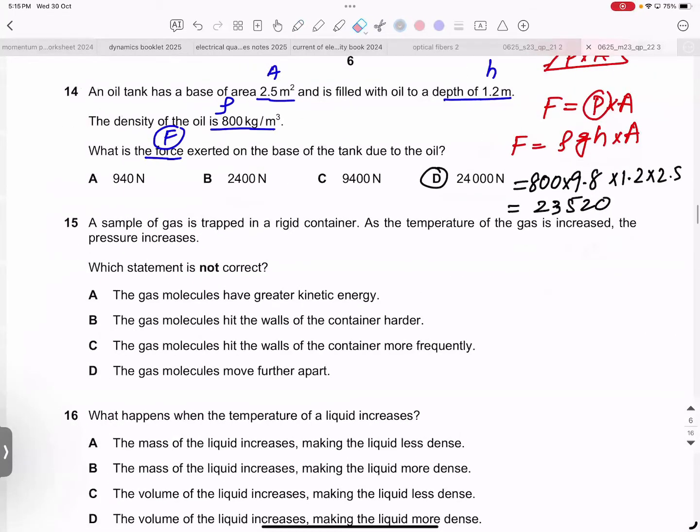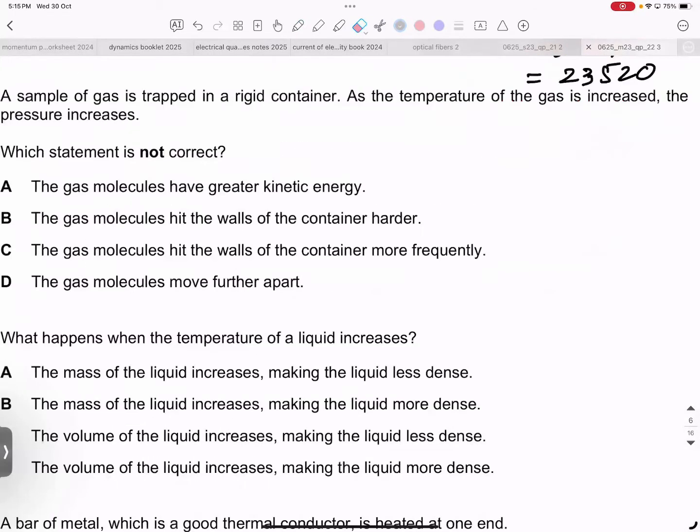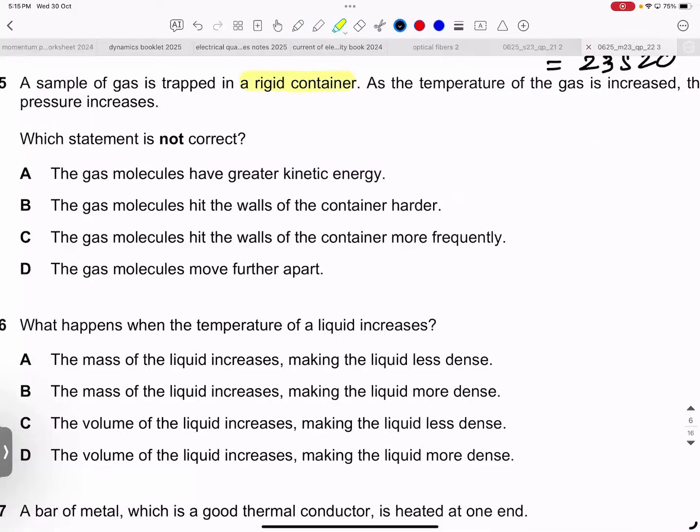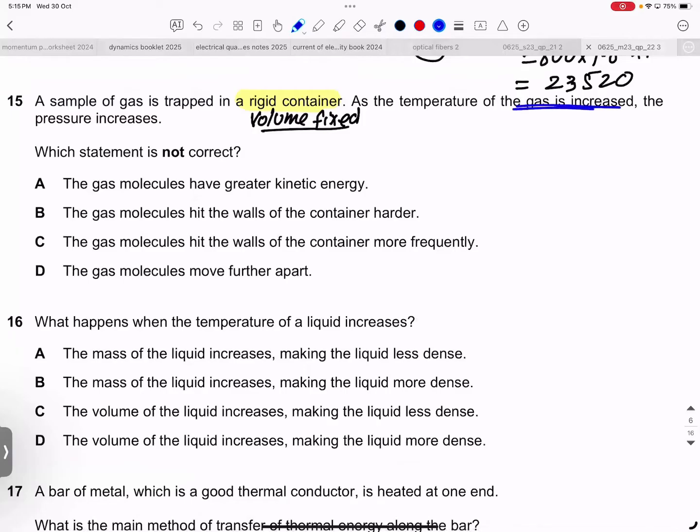A sample of gas is trapped in a rigid container. A rigid container means its volume is fixed. Volume is fixed, it's a keyword. As the temperature increases, pressure also increases. Which statement is not correct? Of course, when there is more temperature, more speed of molecules. Yes, more speed or kinetic energy of molecules.